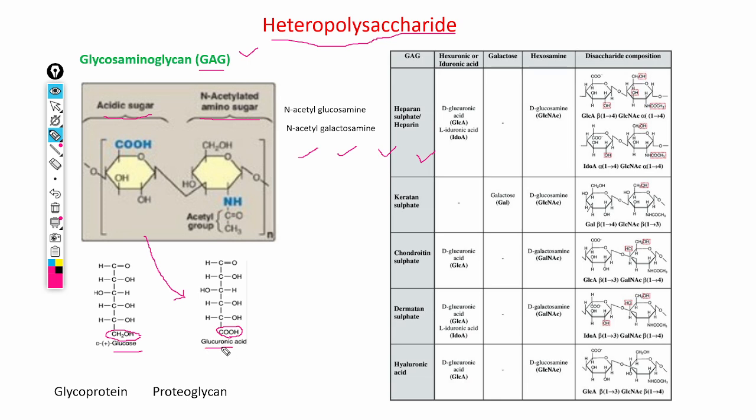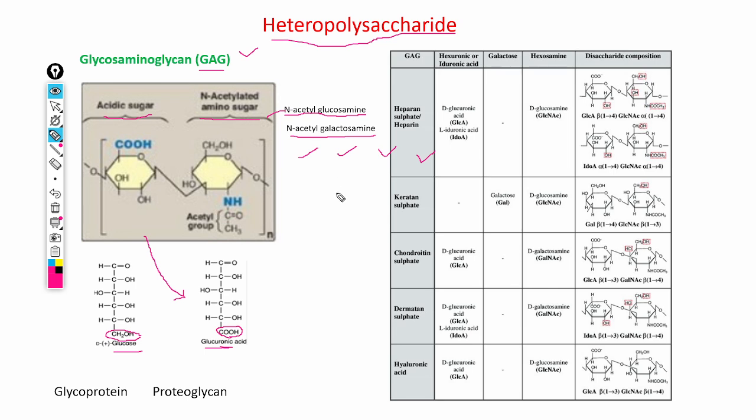So uronic is the suffix. If the monosaccharide is galactose, then it is called galacturonic acid. So always the acidic sugar is the uronic acid, and the second one is the amino sugar, and it should be N-acetyl glucosamine or N-acetyl galactosamine.